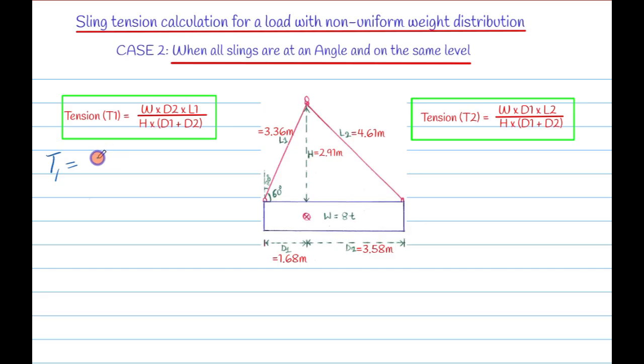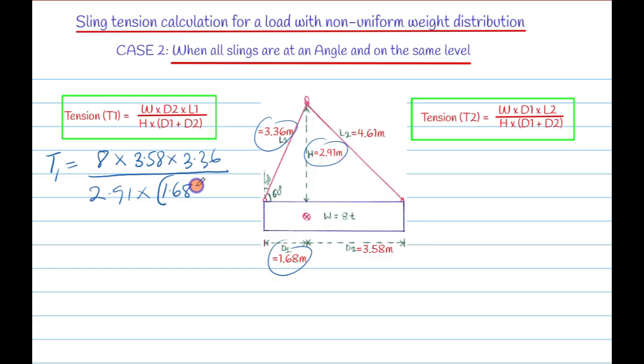All right, so T1 is going to be 8 ton, which is the weight we are lifting, multiplied by D2, which is 3.58, times L1, which is 3.36. Then all divided by H, which is 2.91, times, open the bracket, 1.68 plus 3.58, bracket close.